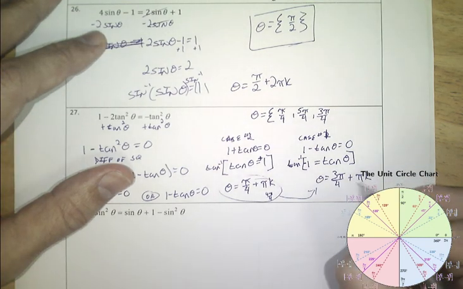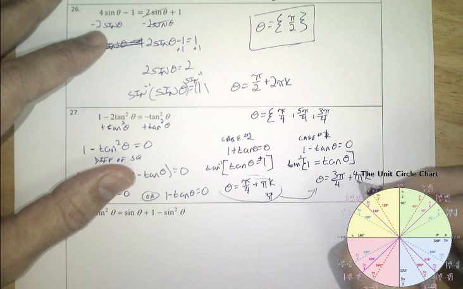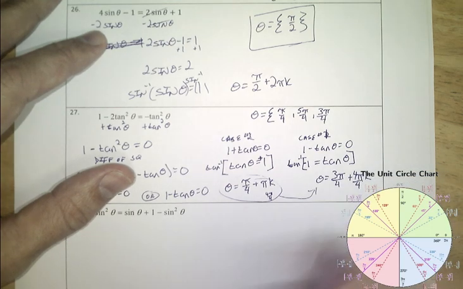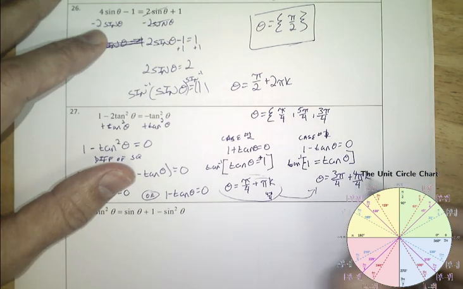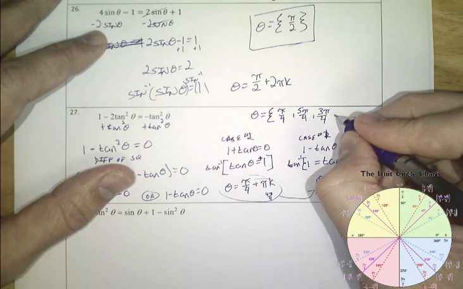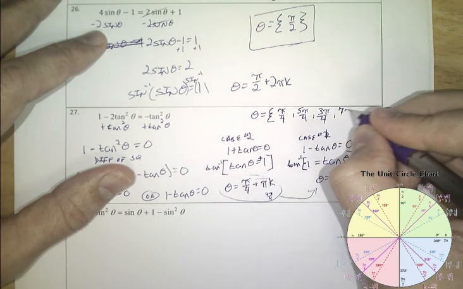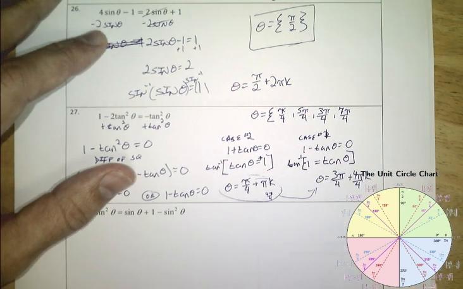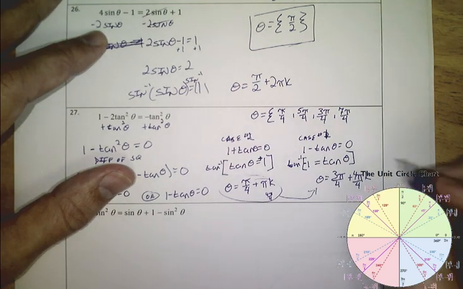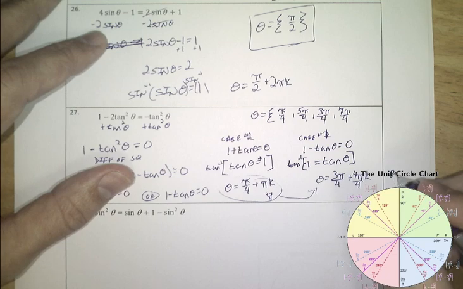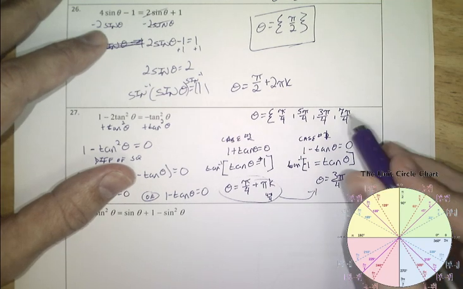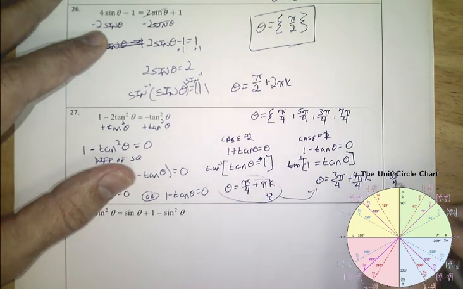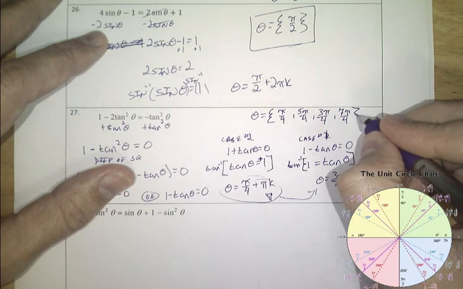If I add pi, so this is essentially saying plus 4 pi to get the same common denominator, 3 plus 4 is 7. 7 pi over 4 is still less than 2 pi, because 2 pi is going to be 8 pi over 4, so 7 is still less than 8. And if I add 4 more, it's going to be too big, and that is our list.